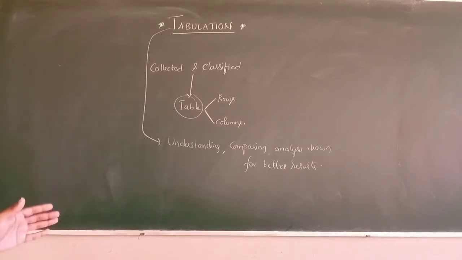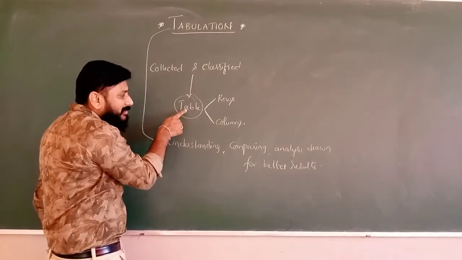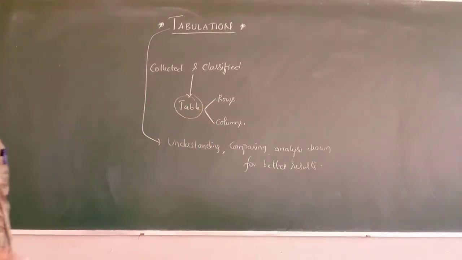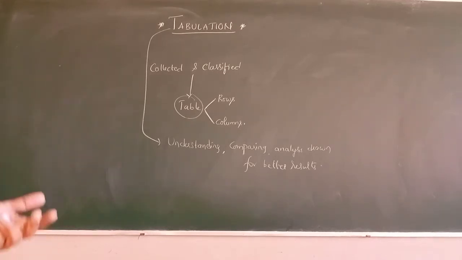Here the classified data will be arranged in the form of a table which contains rows as well as columns. So remember that, right? A statistical table makes it possible for any investigator starting an investigation to present a huge mass of data in an orderly form.